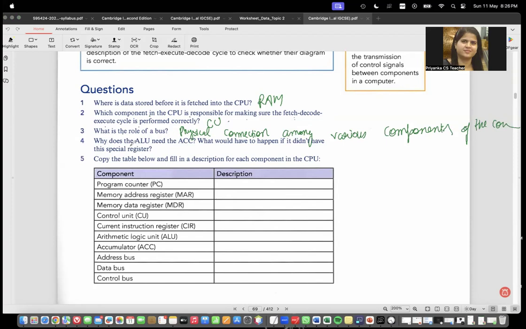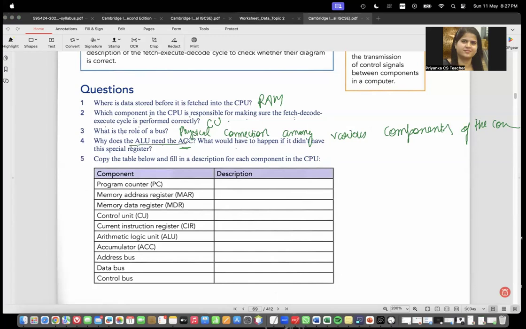Why does the ALU need the ACC? ACC means accumulator. What would happen if we didn't have this special register? The ALU uses the accumulator to temporarily store results of calculations, and without the accumulator, the CPU would need to write every result back to main memory, and it would slow down the processing speed of our CPU.